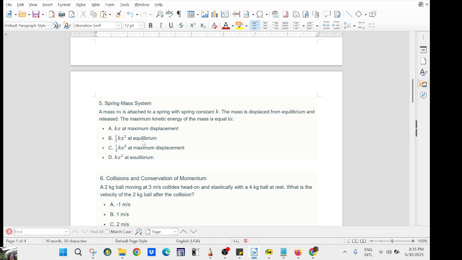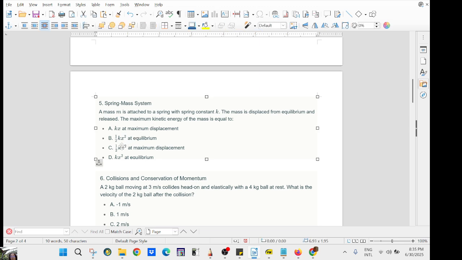So here you have to remember spring oscillations. When you have an oscillation and there is no friction, the energy involved will be elastic potential energy, and elastic potential energy is 1/2 kx squared.